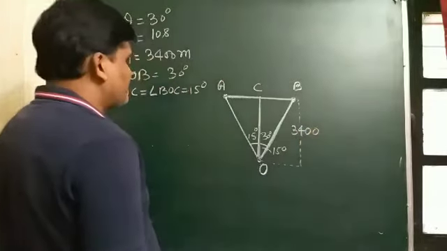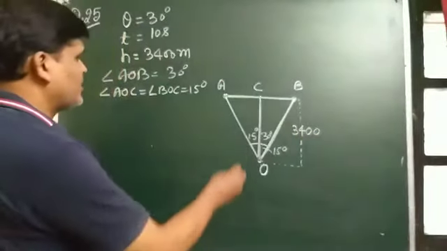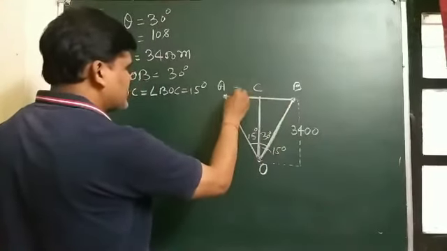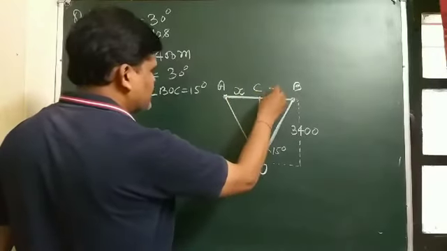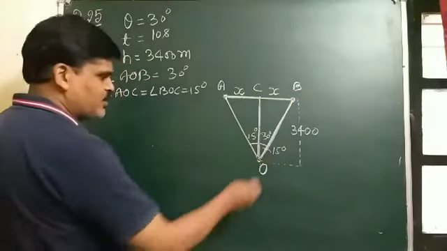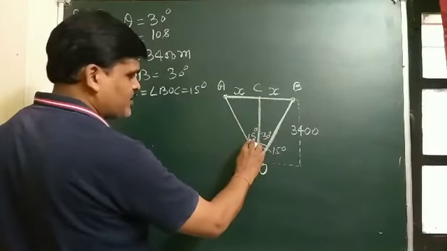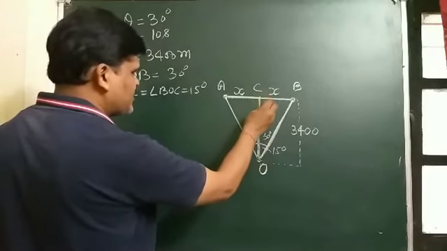Now student, we have to find the speed of the aircraft. Suppose this distance is x and this distance is also x, because when we draw a normal on it, this angle is 15, this angle is 15, and this is 90, this is 90.